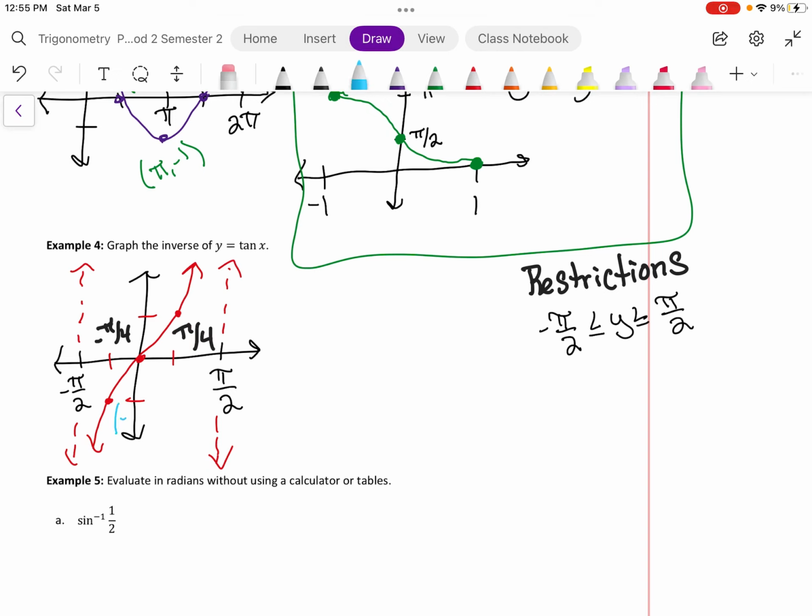If we were to look at these coordinate points, negative pi over 4, negative 1, and pi over 4, comma 1, and switch them around for our inverse tangent function, that would become negative 1, negative pi over 4.